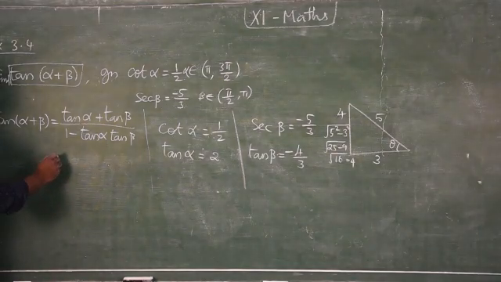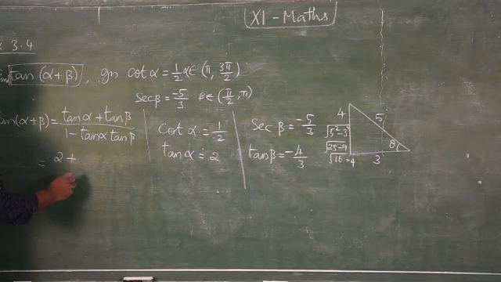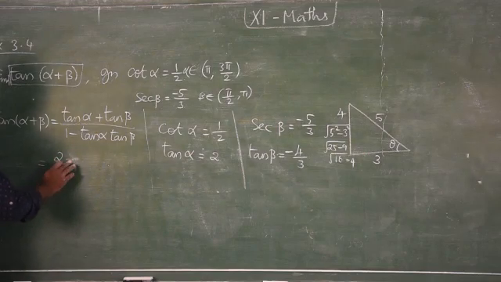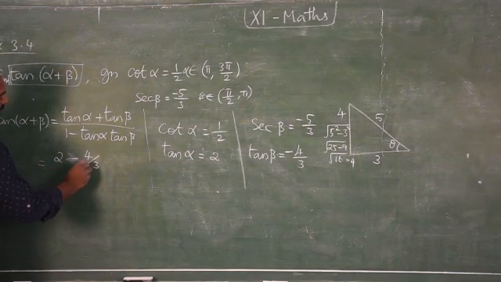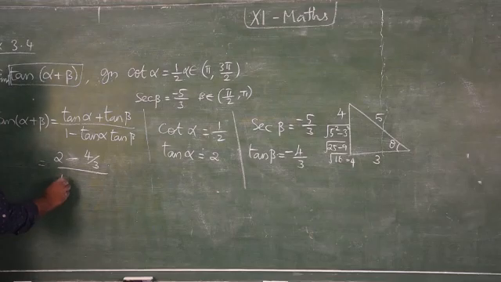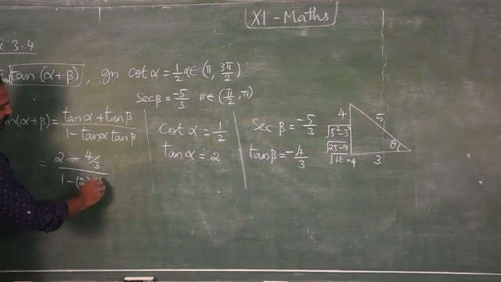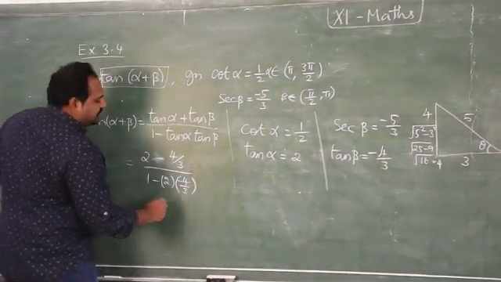So tan alpha is 2 plus tan beta is minus 4 by 3, whole divided by 1 minus 2 into minus 4 by 3.